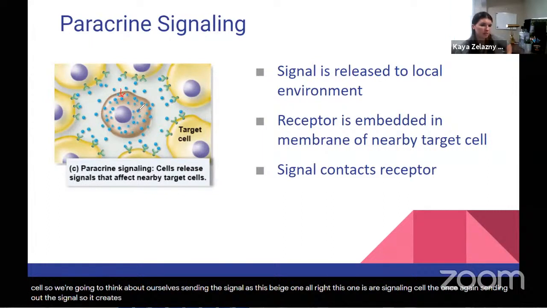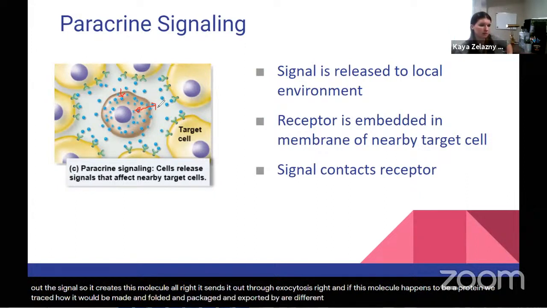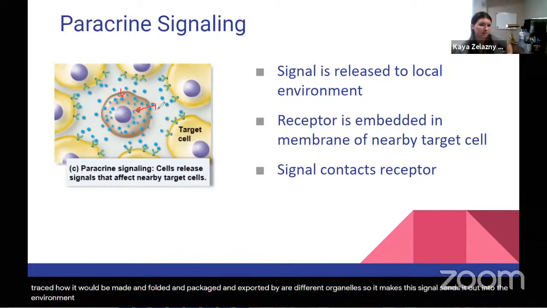So it creates this molecule and sends it out through exocytosis. If this molecule happens to be a protein, we traced how it would be made and folded and packaged and exported by our different organelles. So it makes this signal and sends it out into the environment.